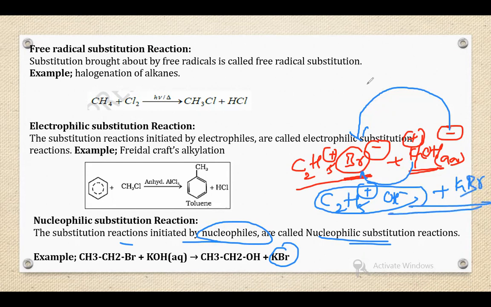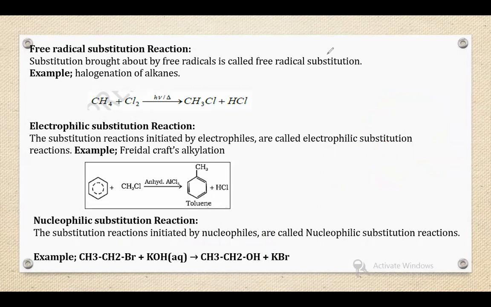This is an example for nucleophilic substitution reaction. Here you only need to notice the difference between electrophile and nucleophile. CH3 plus is the electrophile, an electron deficient group with a positive charge. Here OH minus is the nucleophile, an electron rich group, so it can replace this.